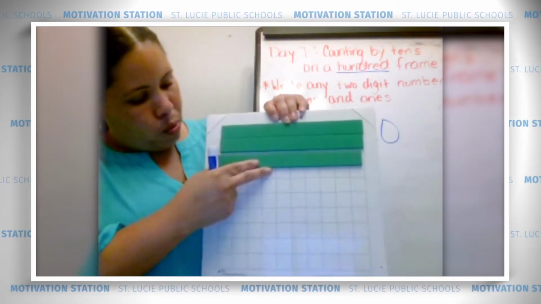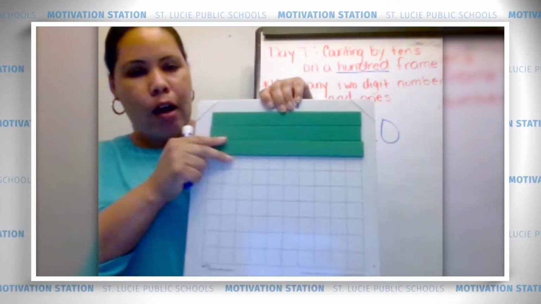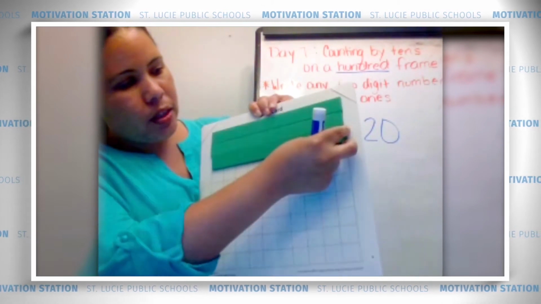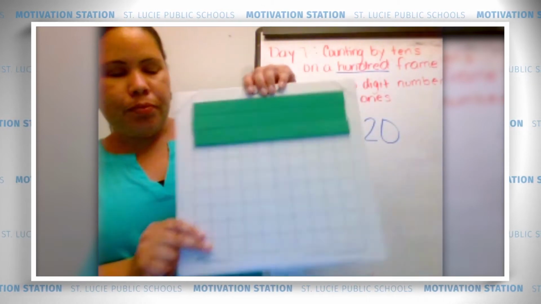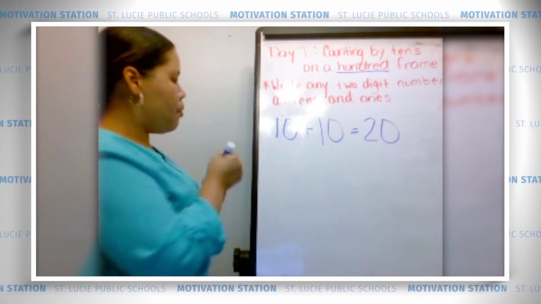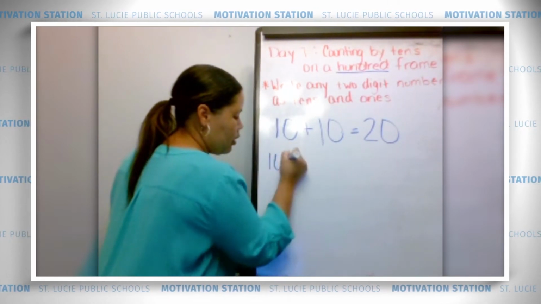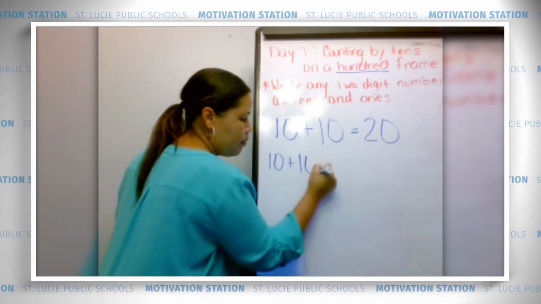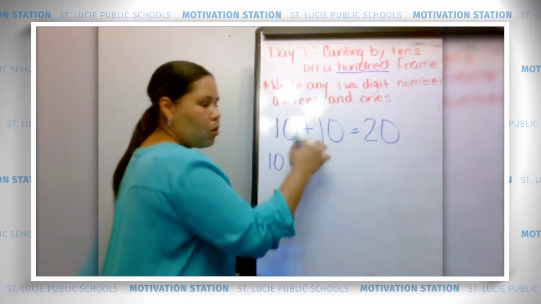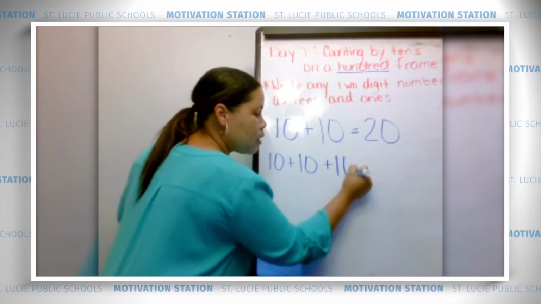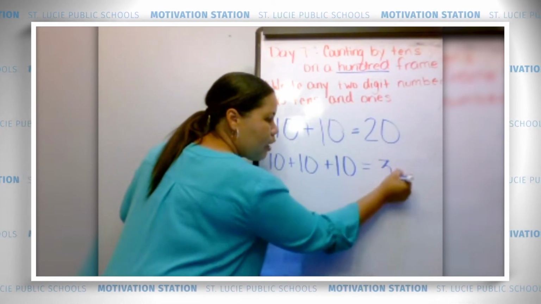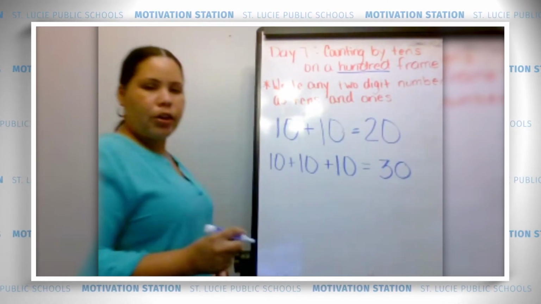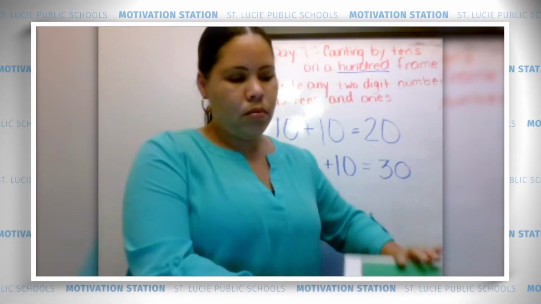Excellent, 10 more. And how many are in all 3 of these rows combined? Let's do the math. 10 plus 10, this was our first 2 rows, plus another 10 that we have now added makes 30.